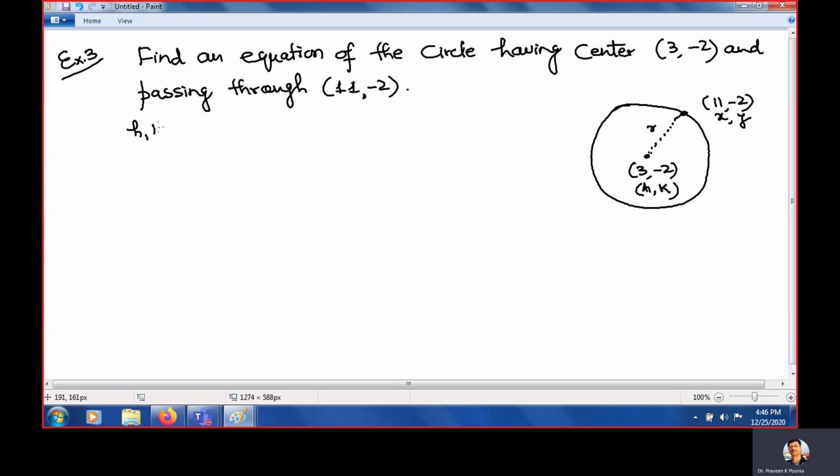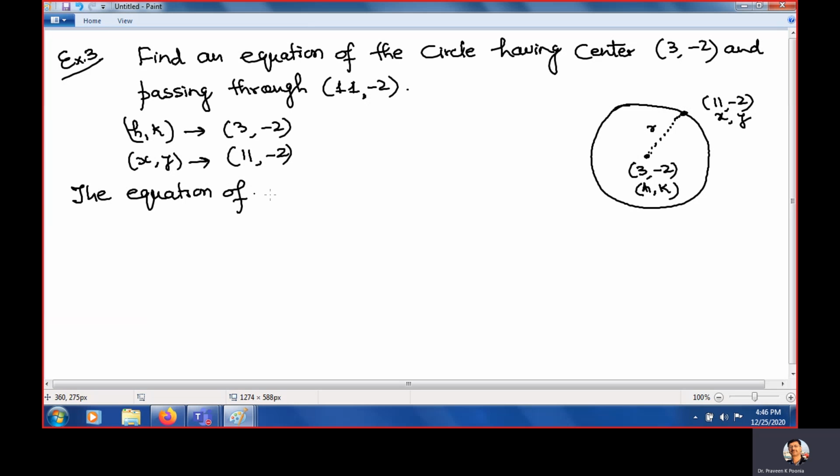So h, k is equal to 3, -2 and x, y is 11, -2. So the equation of the circle is (x minus h) whole square plus (y minus k) whole square is equal to r square.